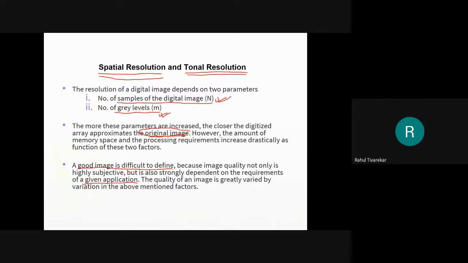If the person is present, that is the only question, whether the person is present or not. So in this case, a good image is not so necessary. A poor quality image is also sufficient to identify. So it depends on the application. The quality of an image is greatly varied by variation in the above mentioned factors.